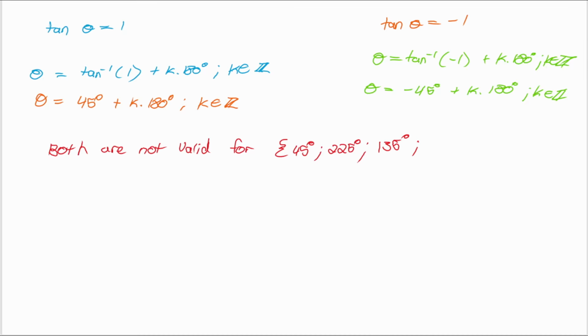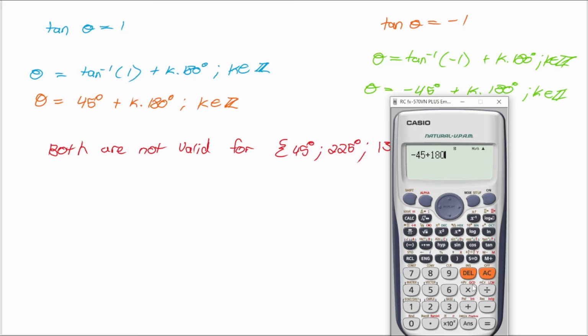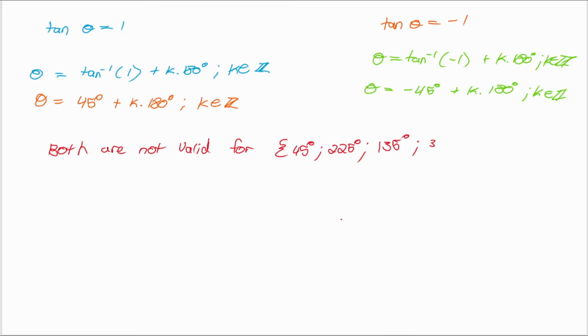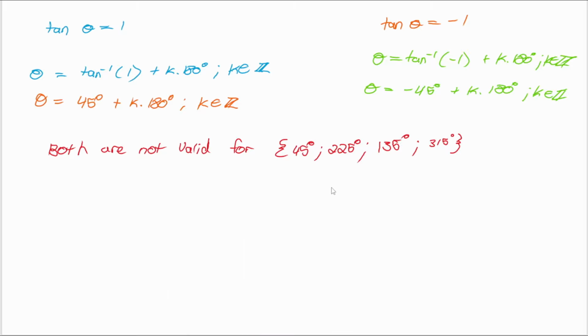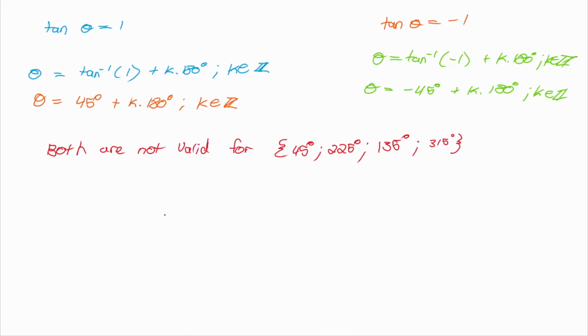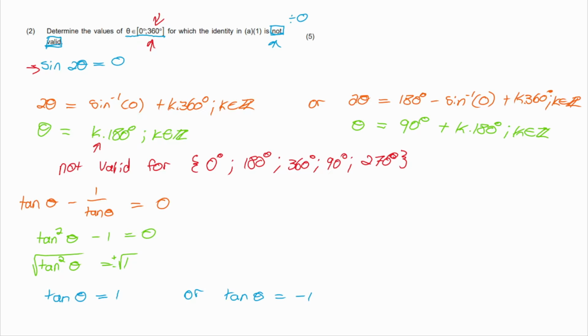Then if our k is 2, we get 315, which falls in our interval. The next one, you should notice, isn't going to fall in the interval, but if we check with k as 3, it falls outside. So the answer is not valid for all of these answers.